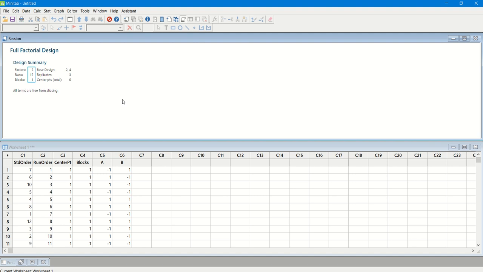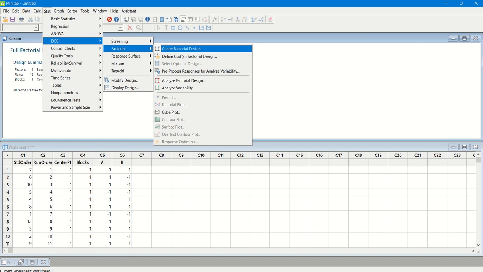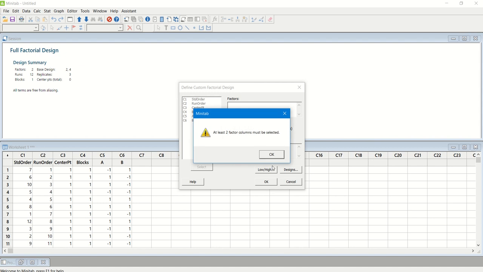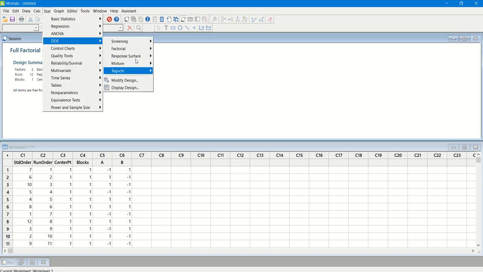Wait lang. Define custom. We have 2 level lang, but 2 level. Pwede ba gawin 3 level to? Designs. I forgot.